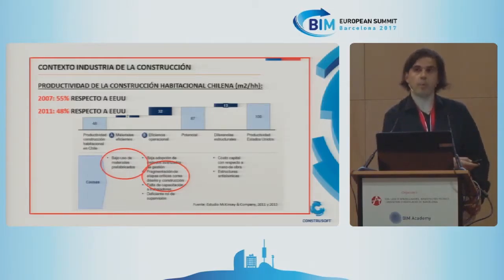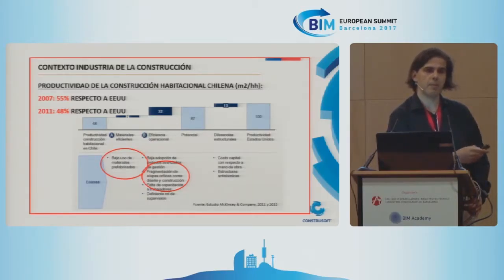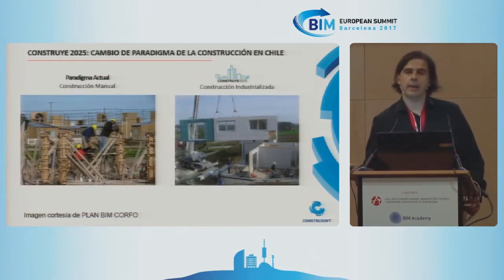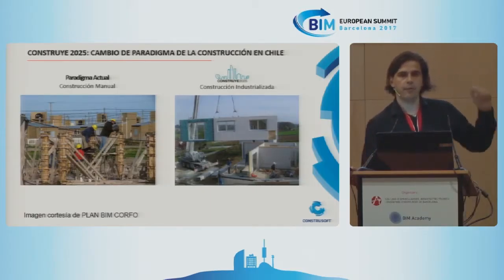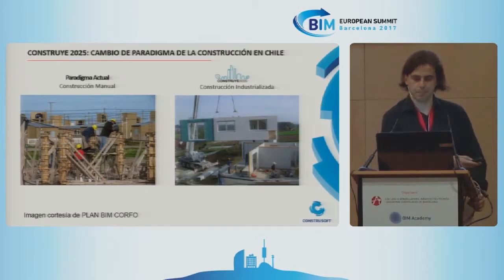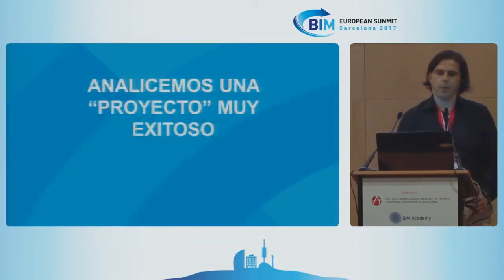Maybe you'll get better products, but the productivity will be pretty much the same. So if we use paper in any of the stages, we are back to the same productivity as 50 years ago. We are part of a task group for the government, and we need to go from the image on the left to the image on the right.